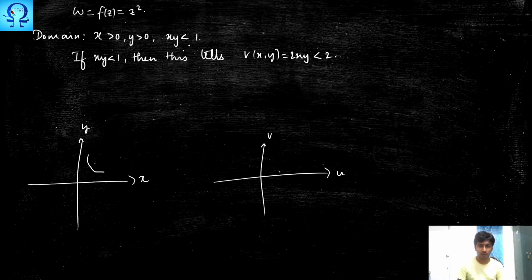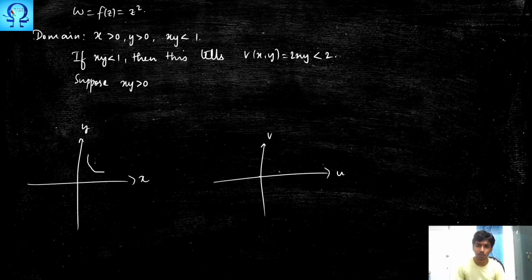Okay, so xy smaller than 1. If xy equals 1, this is what is going to be our v, but it is given that xy is smaller than 1, so the points below it are also covered. Suppose this xy is positive and very close to 0, what are we going to have?